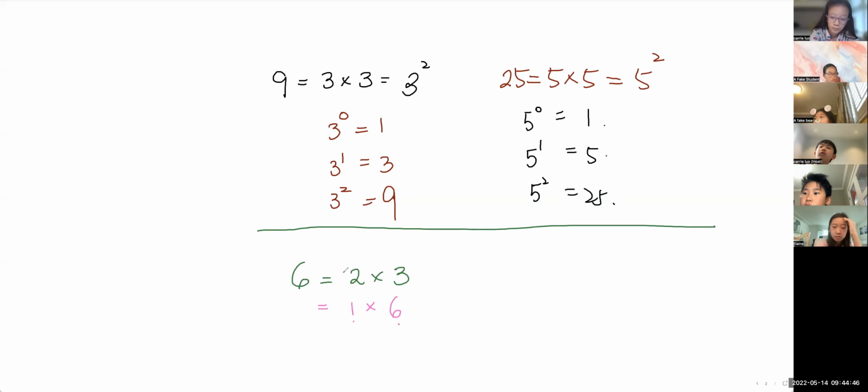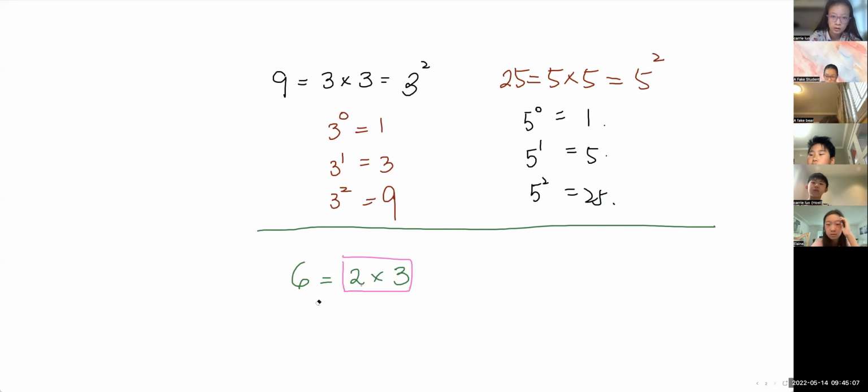So when we are doing this, we're only talking about the basic numbers, always the prime numbers, because a prime number cannot be split anymore. So 1 cannot be split here, but 6 can be split as 2 times 3. Get it? 2 and 3 cannot be split anymore. So that's why we're talking about the prime numbers only.